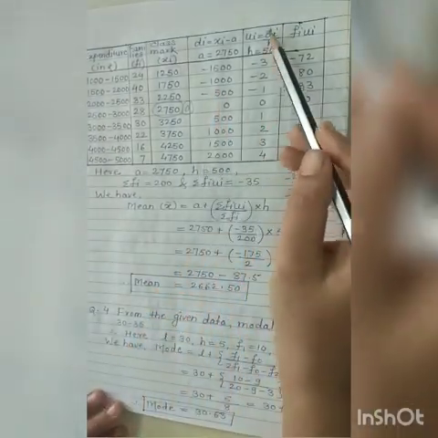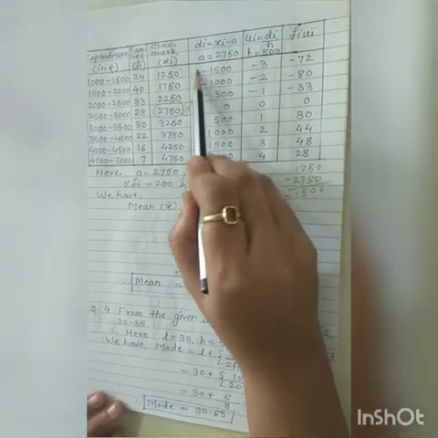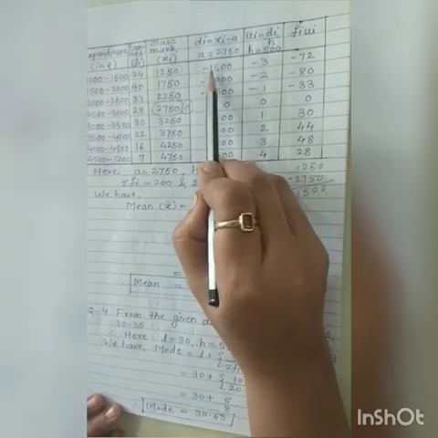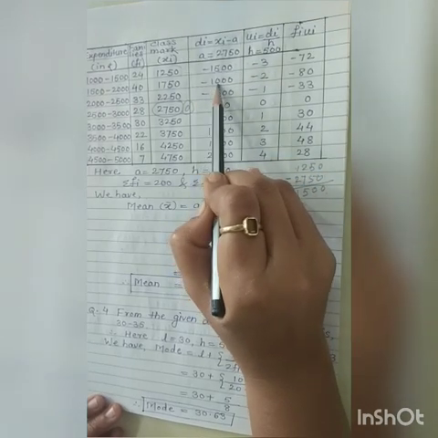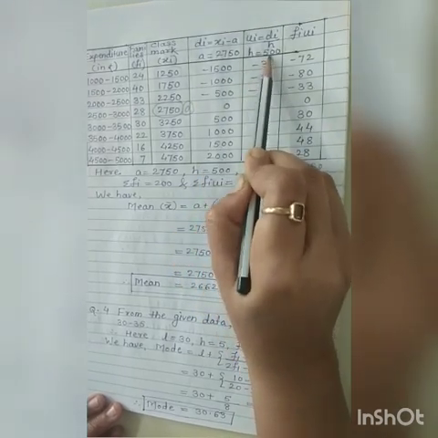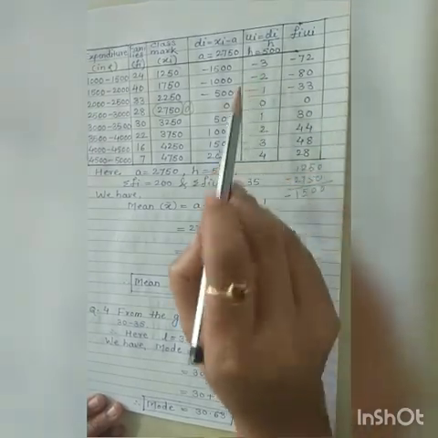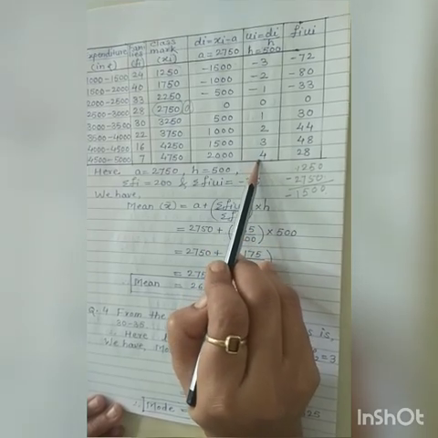Now find the values of ui. Here we are going to divide the values of di by the class size. So minus 1500 divided by 500 is minus 3. Minus 1000 divided by 500 is minus 2. So the next values of ui are minus 1, 0, 1, 2, 3 and 4.